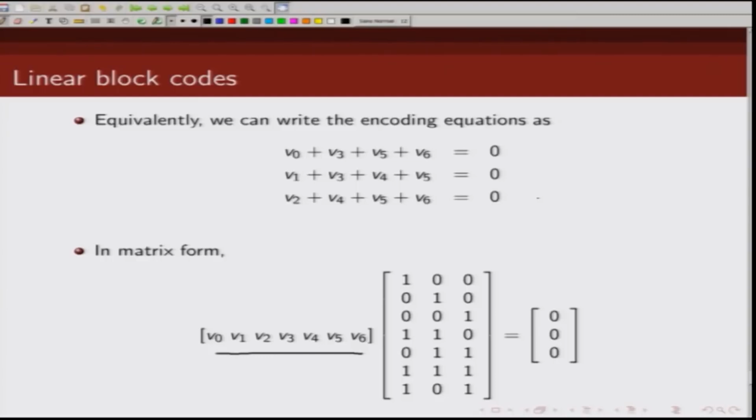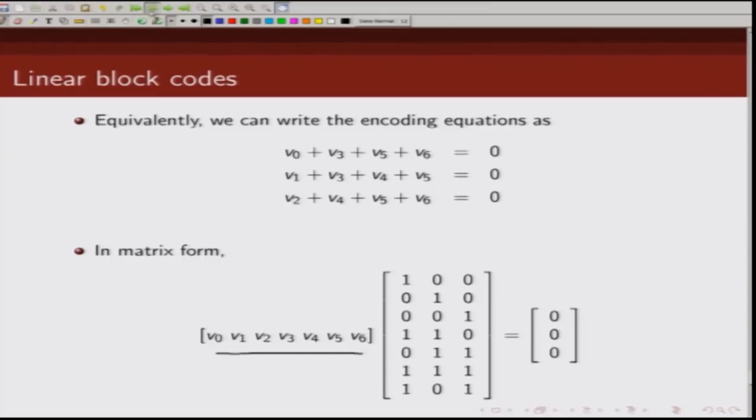So V0 times 1, V3 times 1, plus V5 times 1 plus V6 times 1. That is why this equation. Similarly, you can see this equation, V1 plus V3 plus V4 plus V5 is equal to 0, and the last equation is V2 plus V4 plus V5 plus V6 is 0.